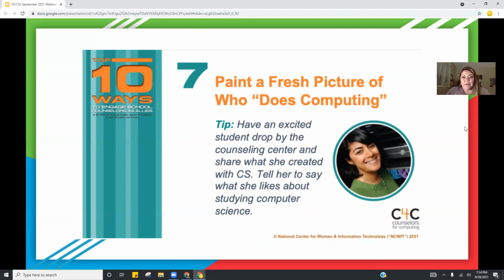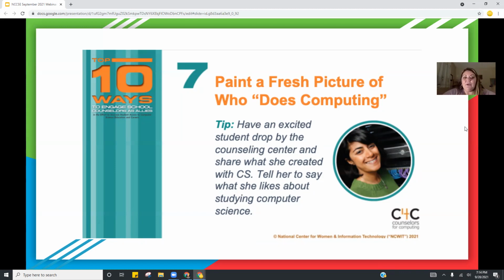And maybe they're not athletes, maybe they're not the cool kids. So I think it's important to paint that different picture. And you can do that using some of the tools like Tecnolochicas, because I think a lot of those videos show very modern women that are doing CS, right? Not our typical hoodie-in-a-basement guy kind of thing.